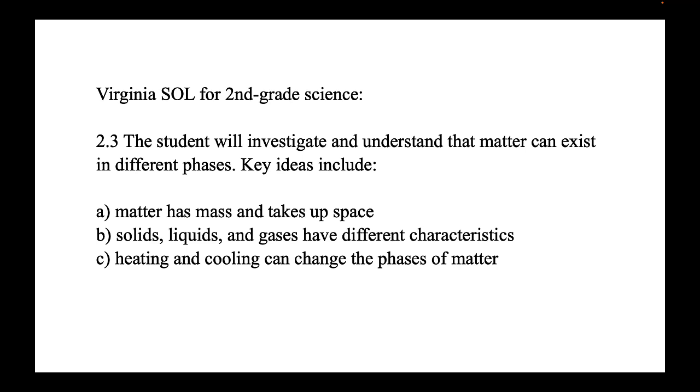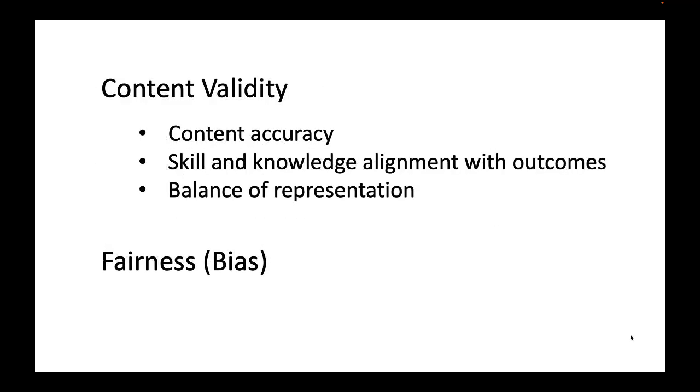However, let's take a look at just some of the items that the AI tool generated to measure this SOL for second graders. By the way, when I look at these, I'm not going to be talking about the rule violations, if any. I'm going to be talking about the content validity that has to do with content accuracy, skill and knowledge alignment with those outcomes, and balance of representation.